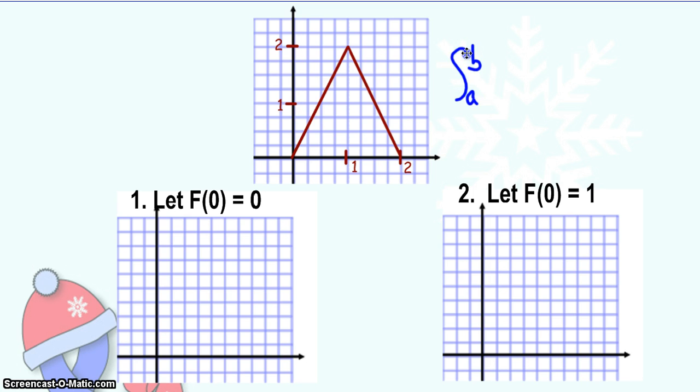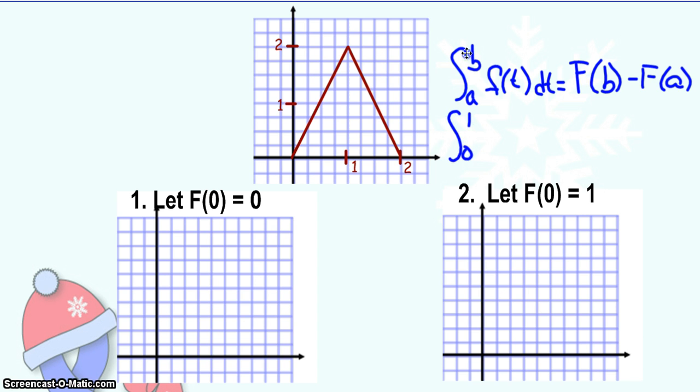Integral from a to b of f of t dt, that's going to equal F of b minus F of a. All right, so let's start with 0 to 1. I mean, that seems like a pretty good place to start.